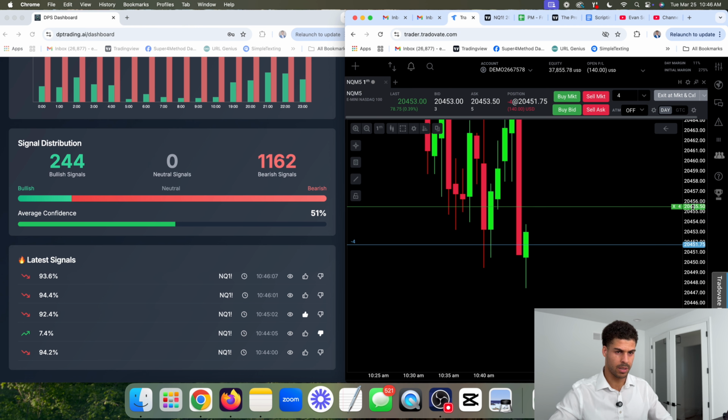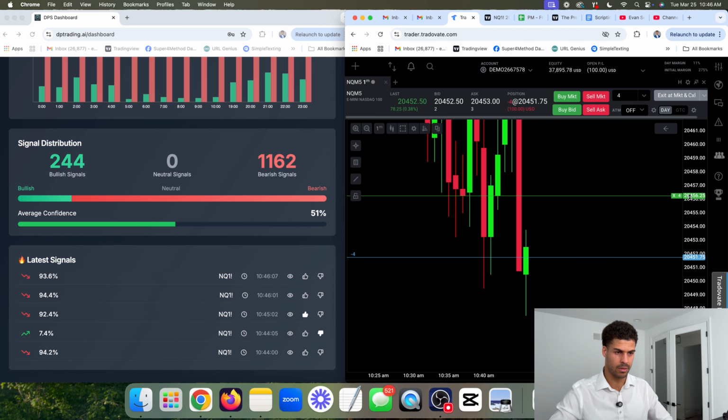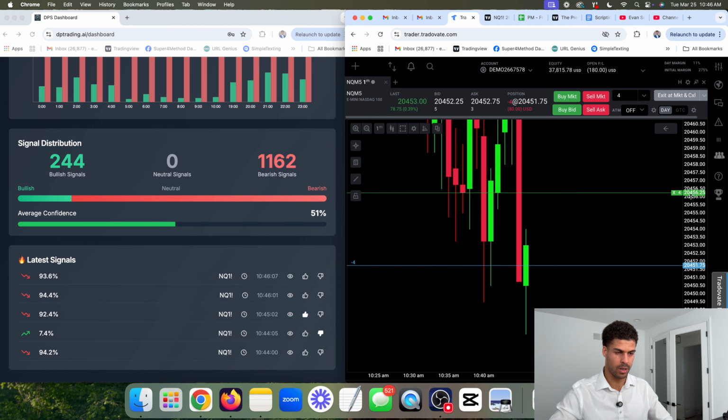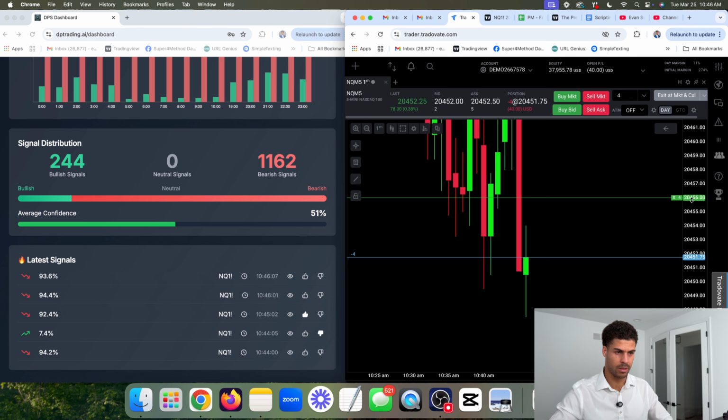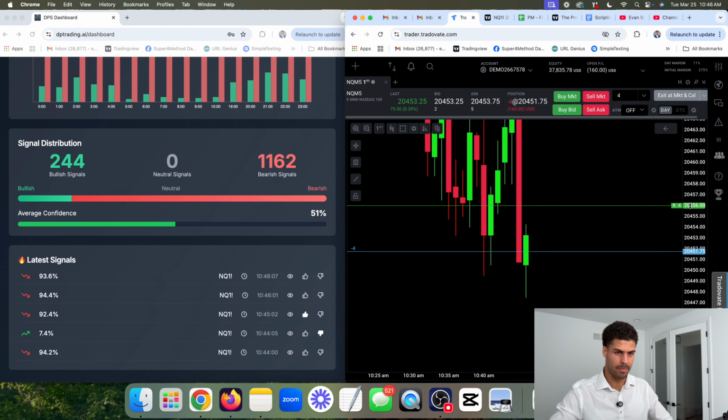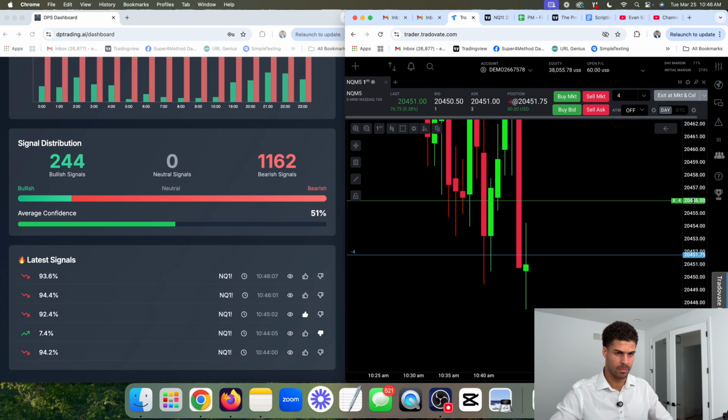I really want to see price move down some more, but if it doesn't, it doesn't. If I can get it there placed again, I will, but I might have missed my chance. There we go.